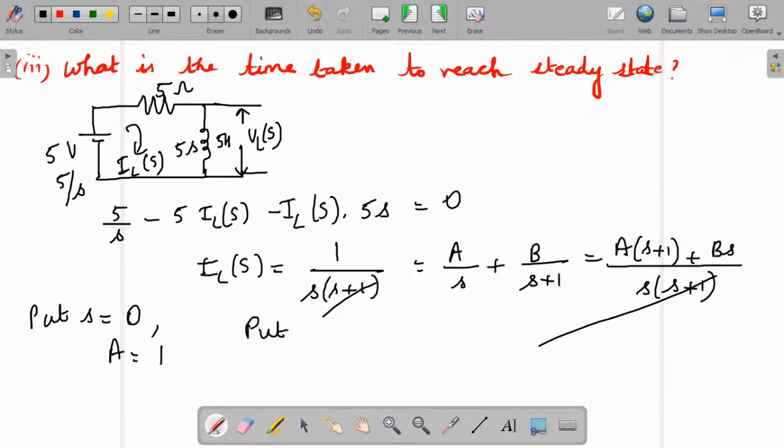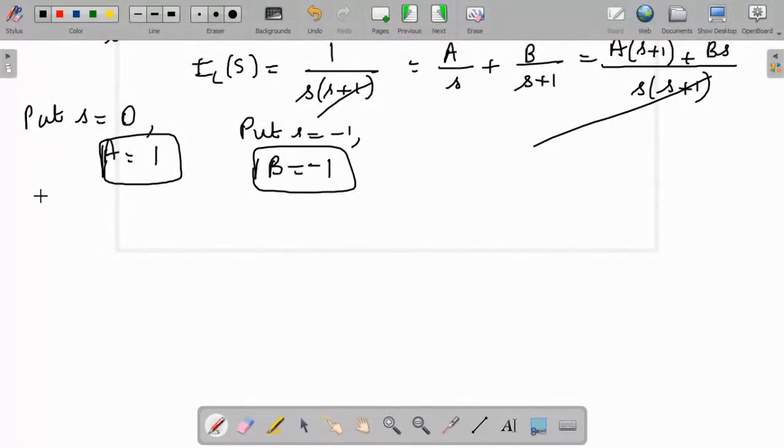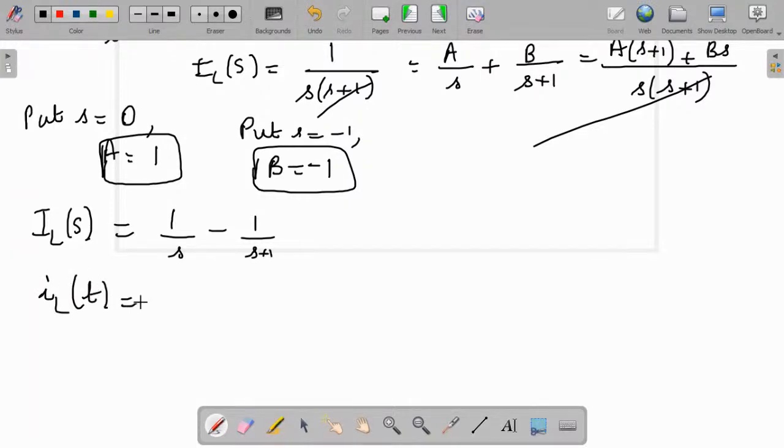Similarly, put S is equal to minus 1: B is minus 1. So IL of S becomes 1 by S minus 1 by S plus 1. So IL of t becomes 1 minus e power minus t.